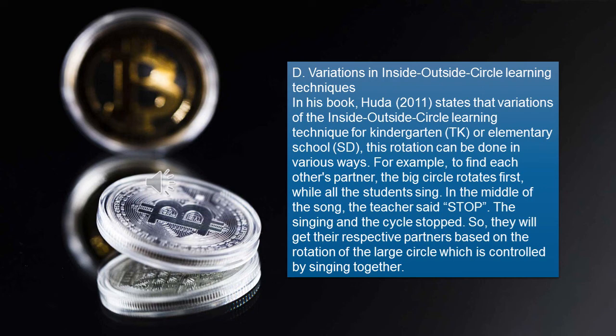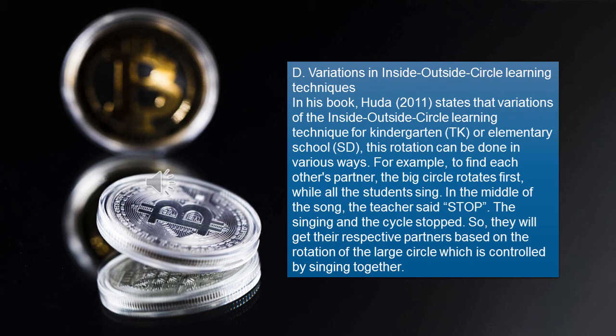Variation in the inside-outside circle learning technique. In the book by Huda 2012, it states that there is a variation of the inside-outside circle learning technique for kindergarten or elementary school. The rotation can be done in various ways. For example, to find another partner, the big circle rotates first while all the students sing.